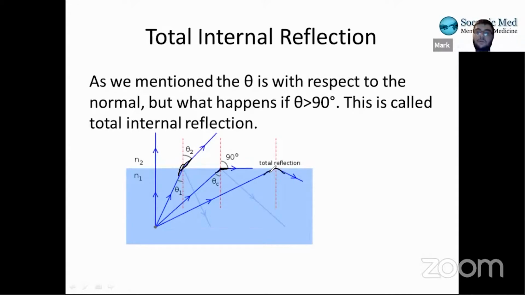So if you have an angle of 30, it would decrease. It can't increase past 90. Whereas when you're going from a higher index like water to air, the angle can always increase. So it goes from, say, 70 to 90 or from 80 to 95 or something like that. And that's when you get total internal reflection. It can only happen when you're going from a higher index substance to a lower index substance like water to air or glass to air.